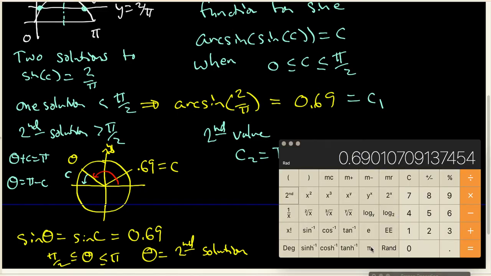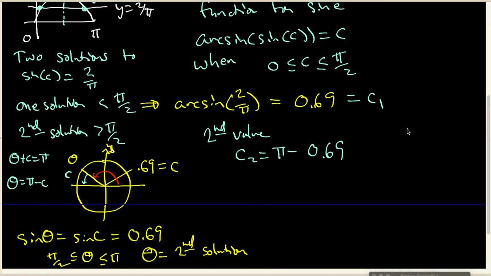So we'll do pi, let's clear everything. Pi minus 0.69 is going to be roughly 2.45. That's good enough. So C2 is 2.45.